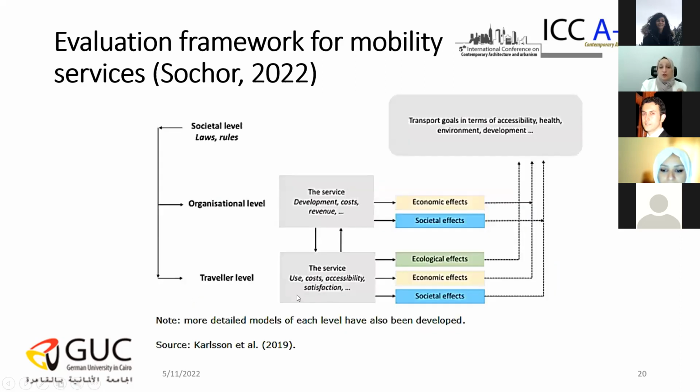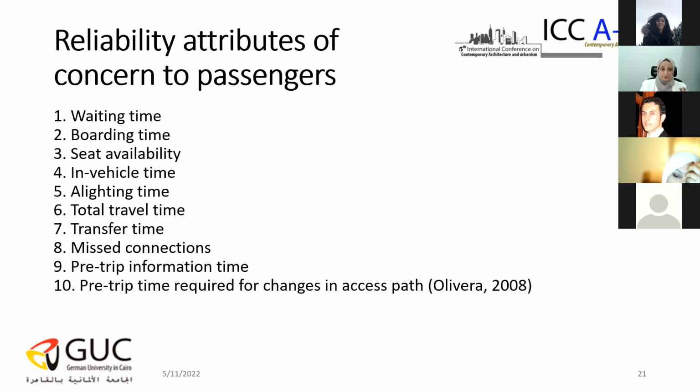The traveler level has 3 effects: an ecological effect, an economical effect, and a societal effect.